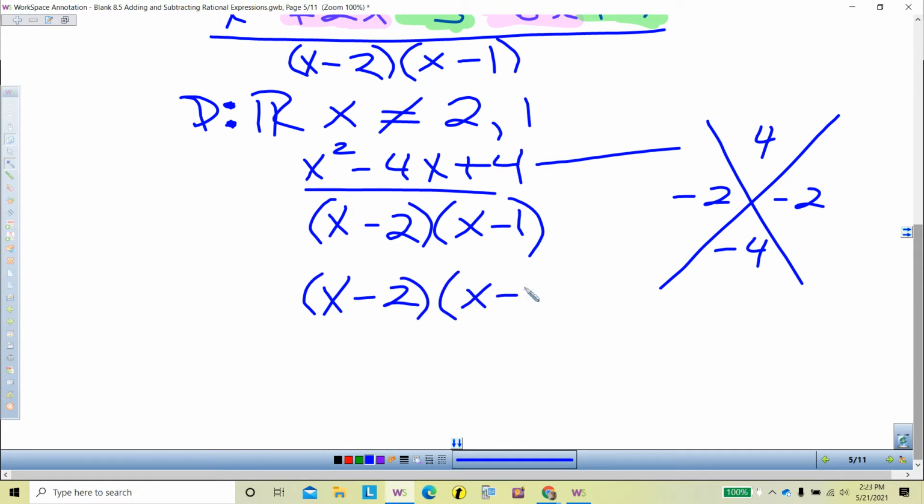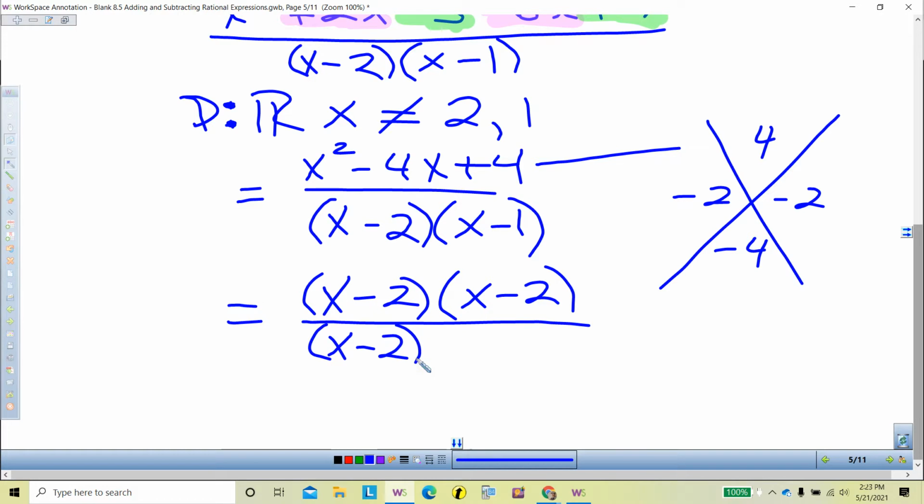Some of you might be tempted to write x minus 2 squared. You're opening yourself up to some careless errors doing that, so don't do that. But if you do that, then I just cross off the square. Honestly, that's how I do it. I just teach in a way that I hope will reduce the amount of careless errors you make, because it makes me mad when I'm grading your stuff. Gotcha. The x minus 2's cancel.